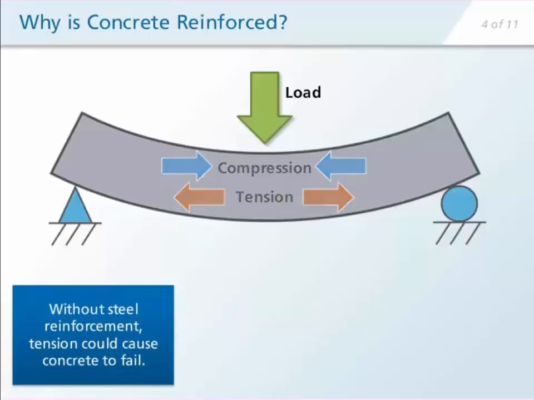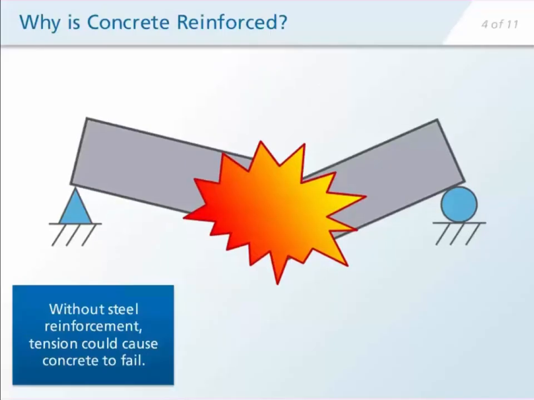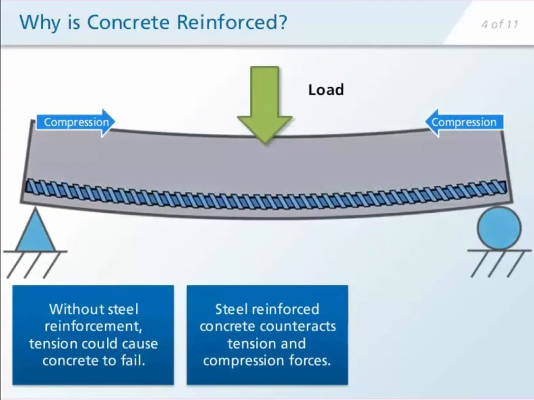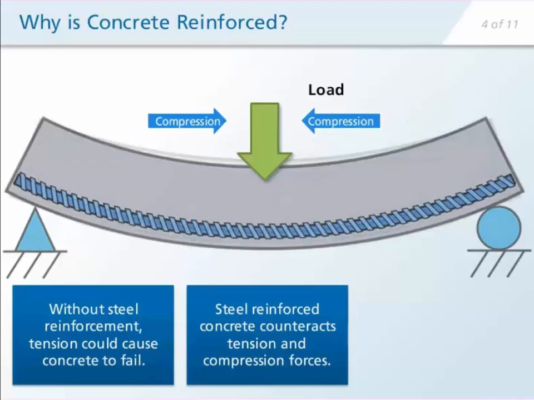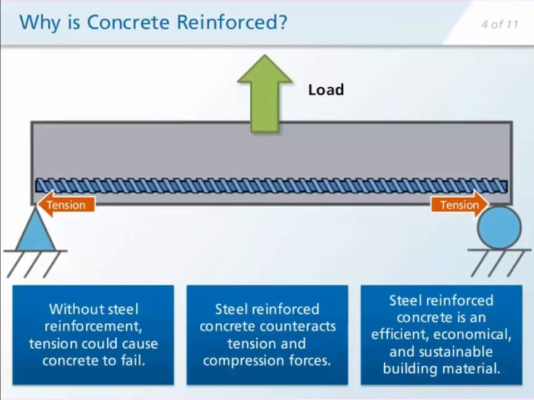With no reinforcement, concrete handles compression well, but over time, tension forces can compromise concrete's strength. Steel reinforcement is added to concrete because it handles tension well. Using them together is a remarkably efficient use of two of the world's most common and economical building materials, producing a sustainable result.